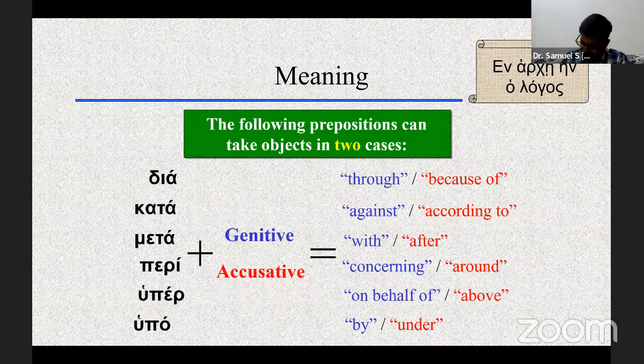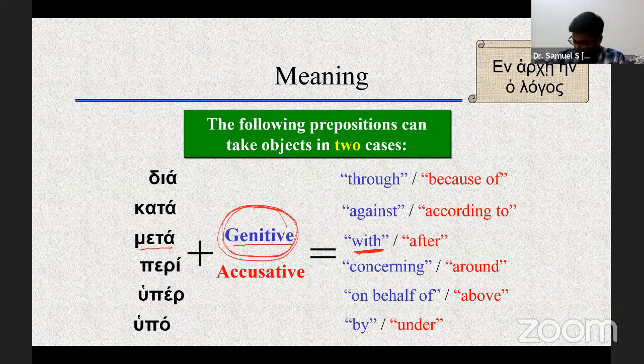Then meta plus the genitive is with. Go with. In the Gospels, we see this so many times. When the Gospel writers are writing about someone who's going with another individual, they'll say meta, with him. But then the object in the prepositional phrase has to be genitive, with.